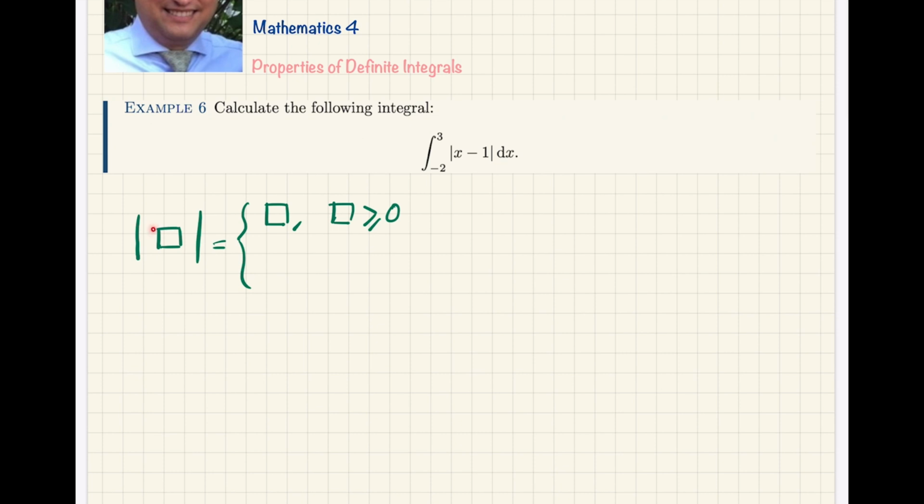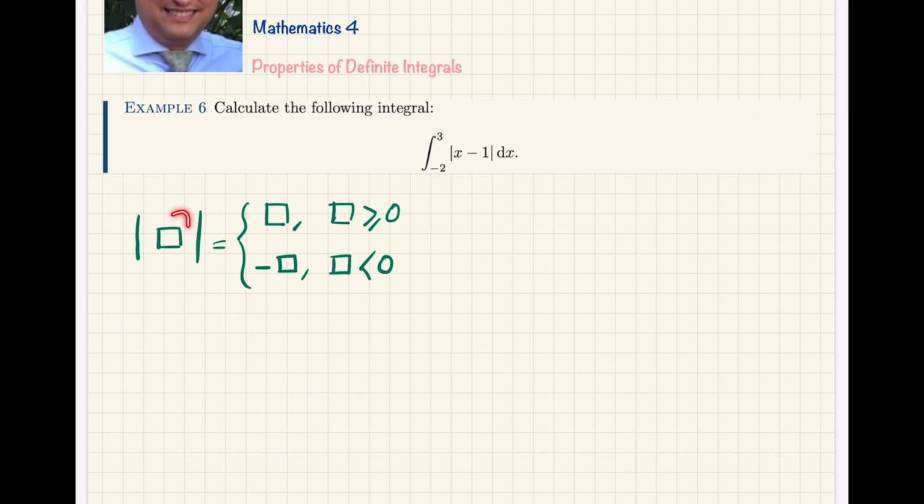So if you are certain about the positiveness of what you see in the absolute value, you don't need it, just throw it away. If you are certain that this is negative, you still can get rid of the absolute value sign, but the price that you have to pay is to put a minus sign there.